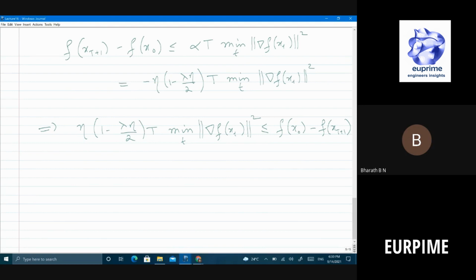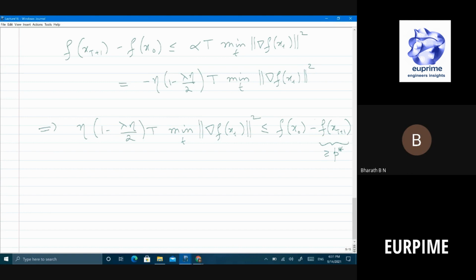Okay, so if I replace x_{T+1} by x star, what do you get? Suppose I replace this x_{T+1} by x star. x_{T+1} will give you a function value which is larger, right? If I substitute x star, it gives me a function value which is smaller. So that means this is definitely greater than or equal to p star, because p star is the best, right? It's the bottom. You evaluate the function at any other point, it will give me a value larger, right?